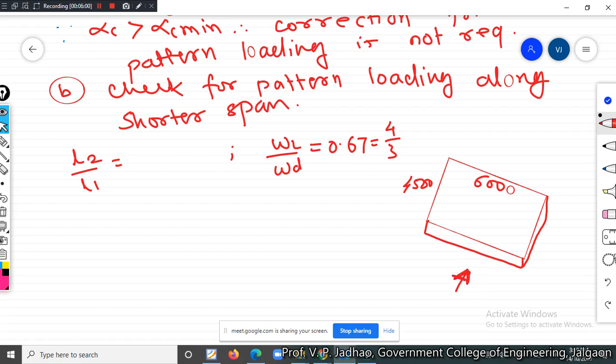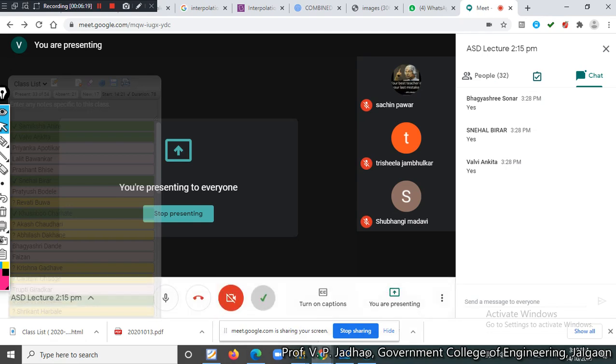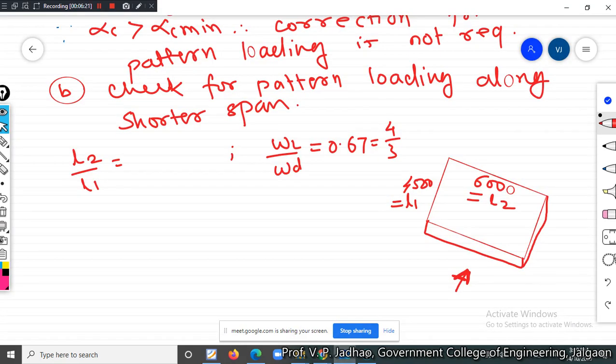So whichever direction we are calculating the correction in, that direction will become L1, and the transverse direction will become L2. So we get L2 for this particular case as 6000.